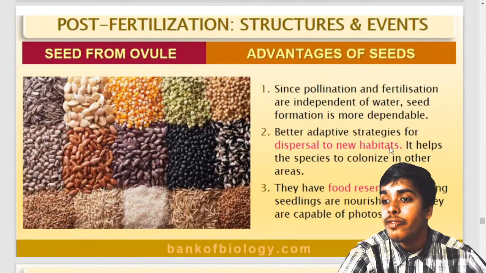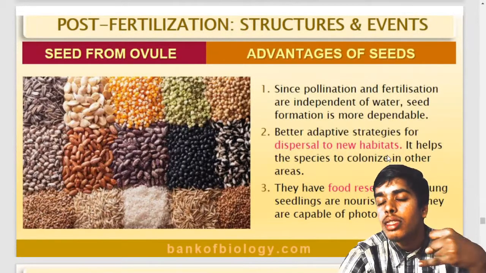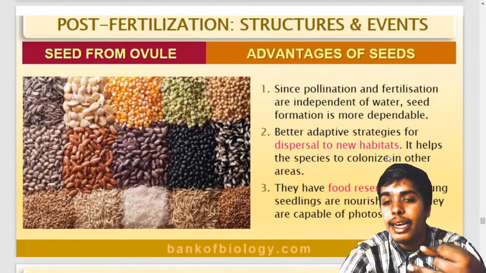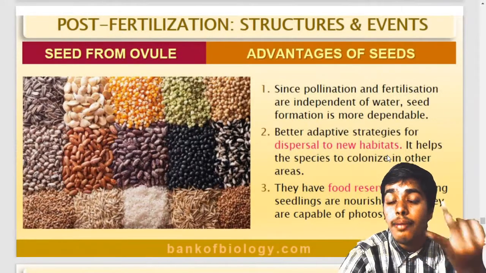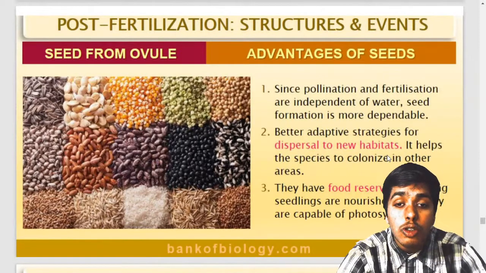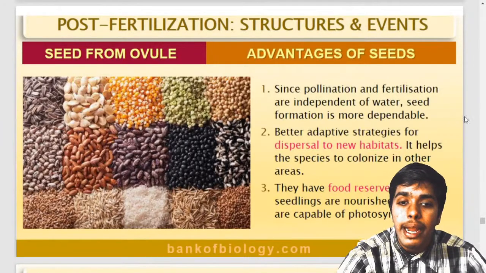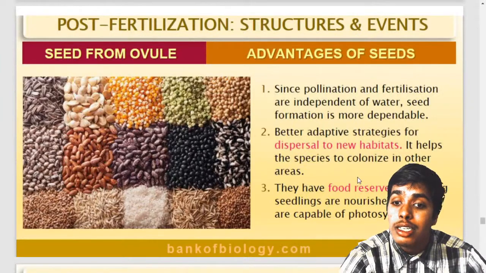Seeds have better adaptive strategies for dispersal to new habitats. If conditions are unfavorable in one place, the seeds can travel to a place with favorable conditions. It helps the species to colonize new areas. They have food reserves, which means they have endosperm, so they can nourish the developing embryo. Young seedlings are nourished until they are capable of photosynthesis.